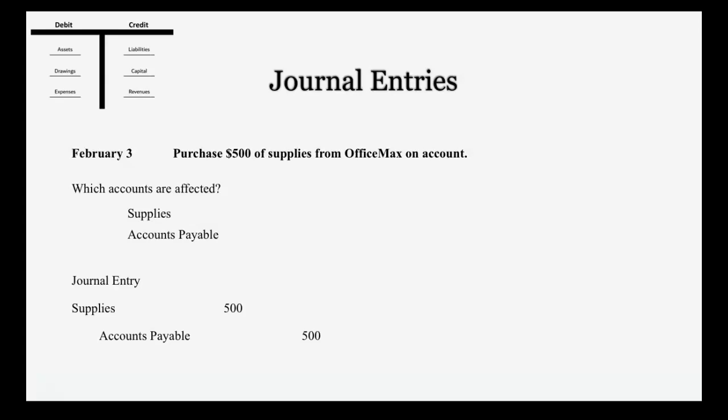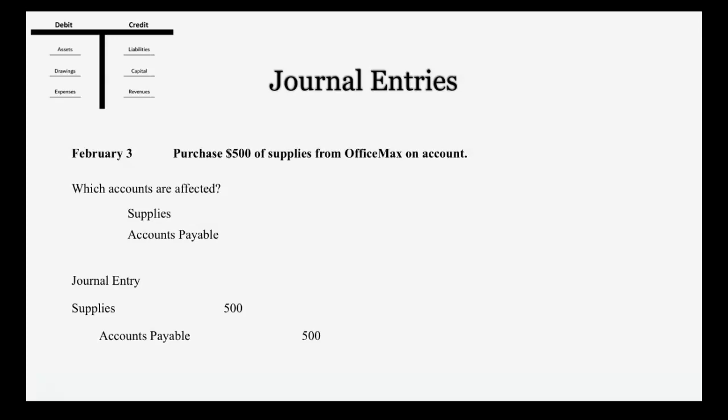Now, another important piece to remember, your debits must equal your credits, right? So if we just take a look at this entry itself, supplies is debited for $500, meaning we got $500 worth of supplies from OfficeMax. Accounts payable is credited $500, meaning that we owe OfficeMax $500. We need those two amounts to equal.